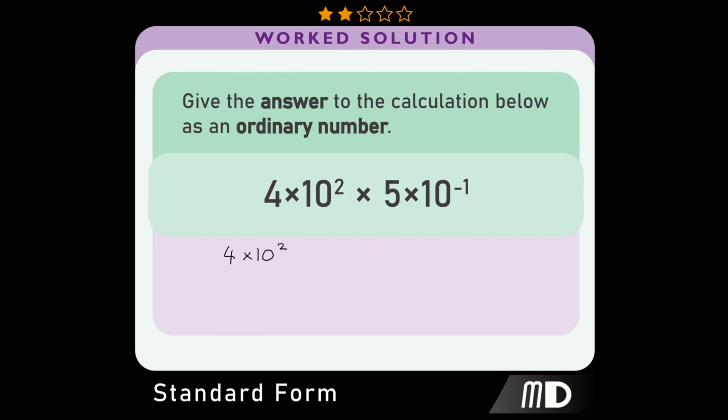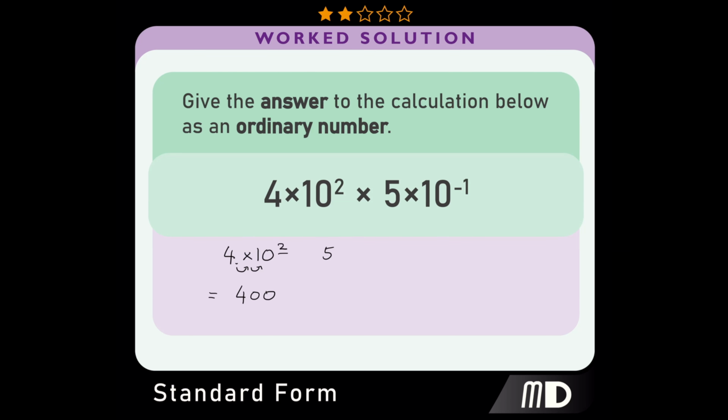There is a decimal point after the 4, and the multiplied by 10 to the power of 2 part tells us to move it 2 places to the right. That means 4 multiplied by 10 to the power of 2 is 400, written as an ordinary number.